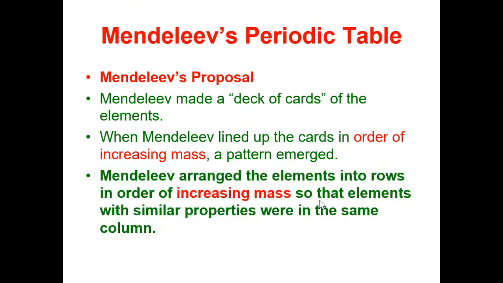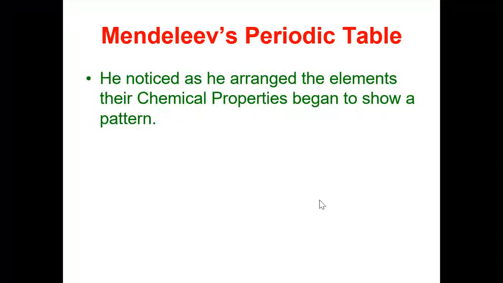And when he did that, he noticed something very interesting as he laid out his cards. He noticed that when he laid them out according to their masses, going from smallest to largest, they began to show this odd little pattern. Essentially, the pattern was after every 8 elements, actually for Mendeleev it was only 7, there was a repeat of the chemical and physical properties.